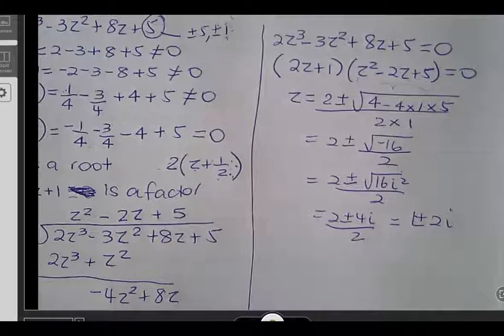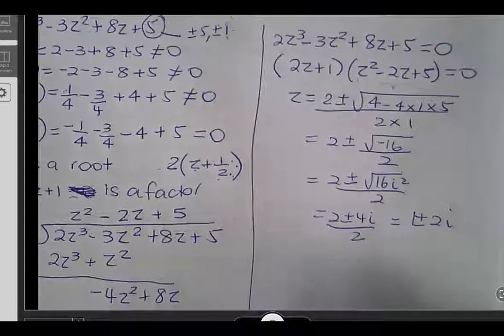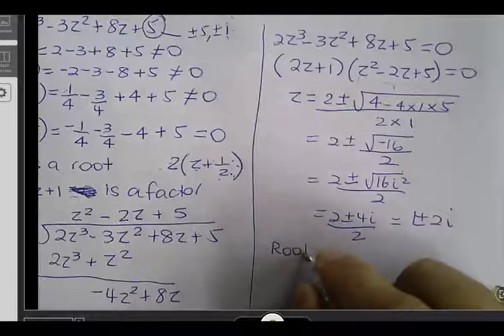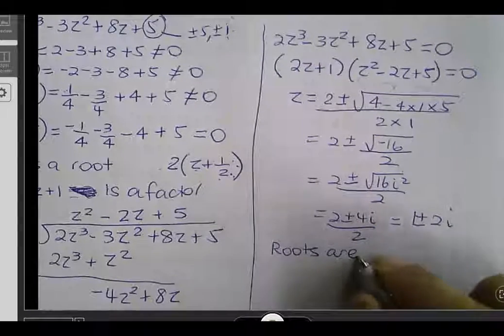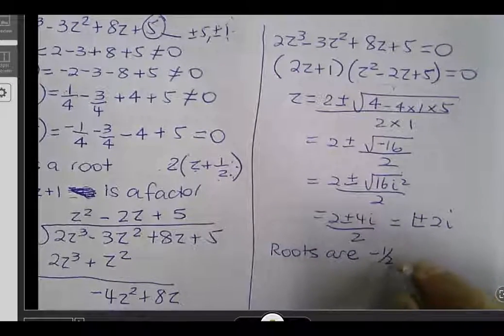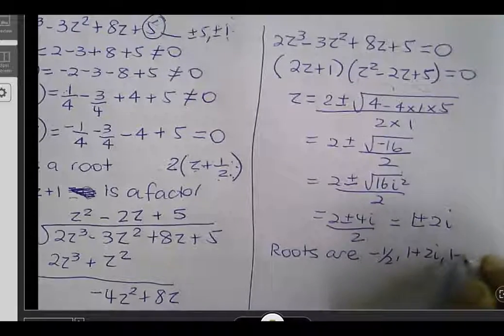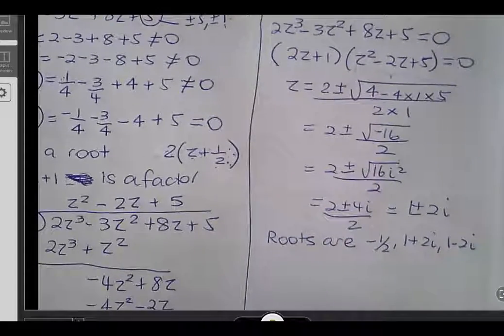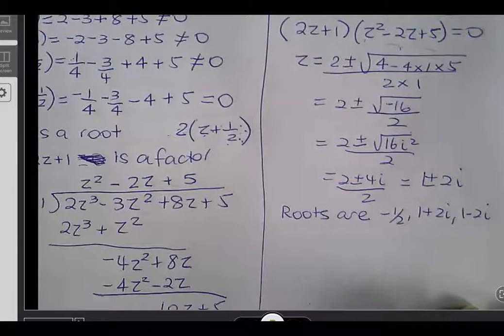So therefore, the roots are negative a half, 1 plus 2i, and 1 minus 2i, but you have to factorize it.